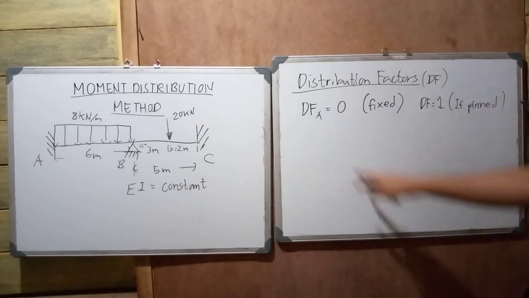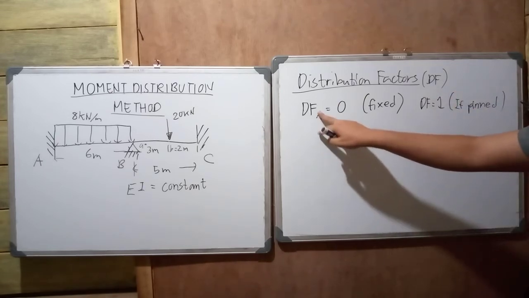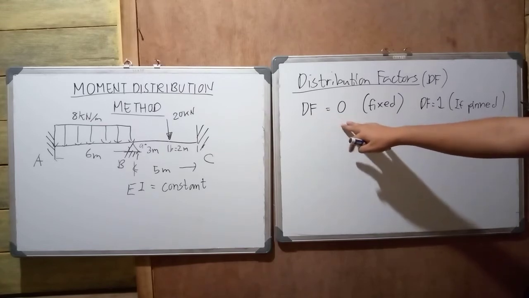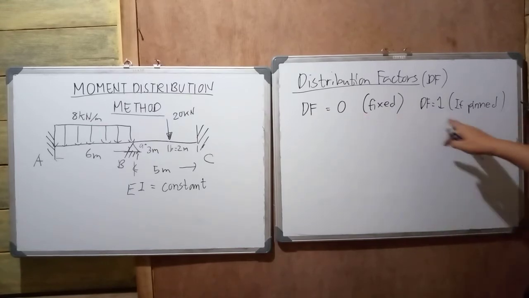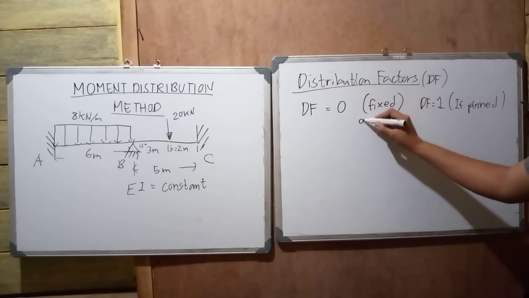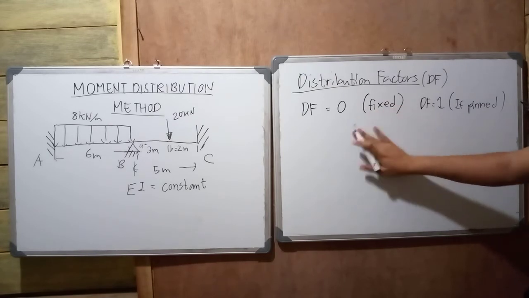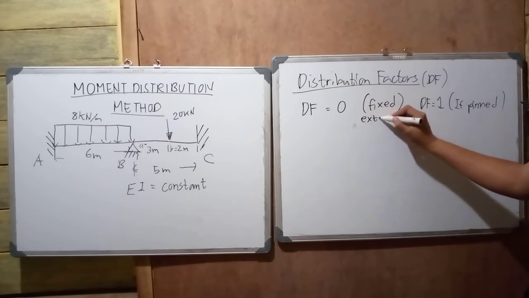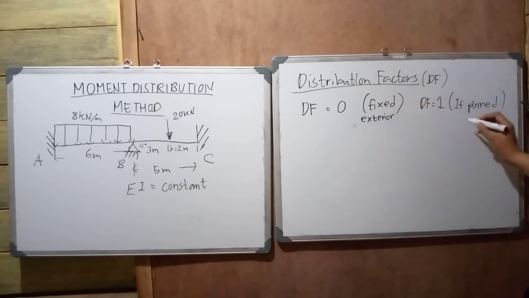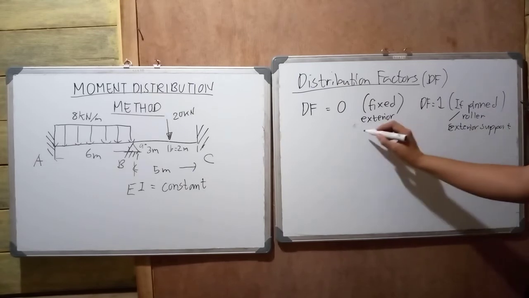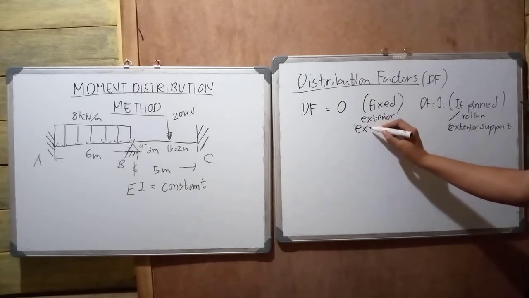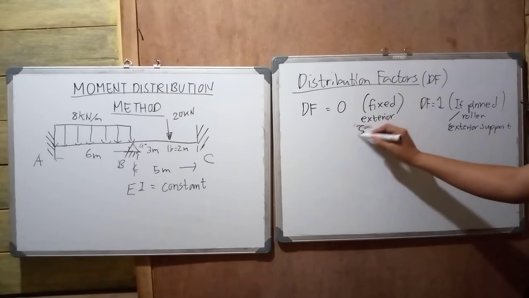naintindihan nyo. So, ang DF mo is 0 kapag fixed yung supports mo, outside support, in exterior support. And then 1 if pin or roller support, yung exterior support, okay?